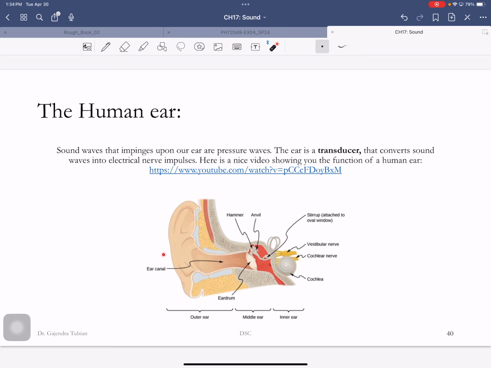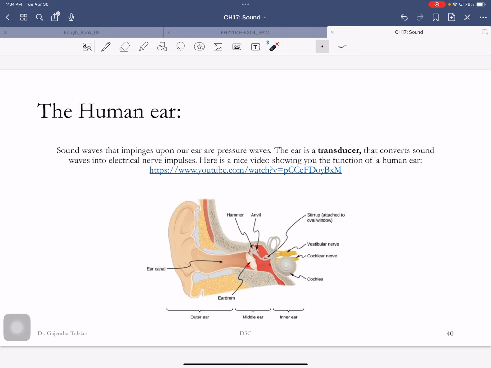This guy is sort of like a lens. It focuses more energy there. I guess this thing amplifies, I'm not sure, maybe 100-fold. And so here's energy coming through air. This gets the eardrum vibrating.